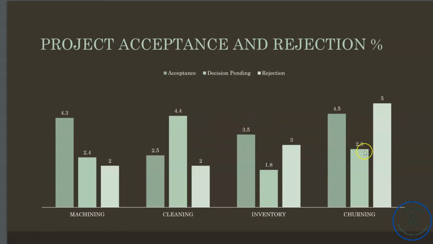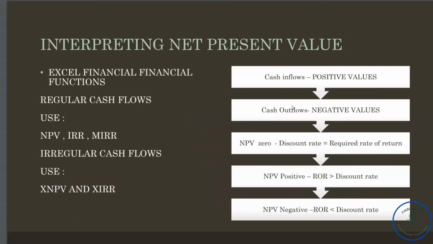Similarly, if you go for the churning process, where we have the churning process with chemical reactants, for that they have a 5% rejection rate, where they may have the plan that investing in such a project is useless, or investing in buying such machines could be useless, right? So these are the decisions that normally can be made with the help of this tool.